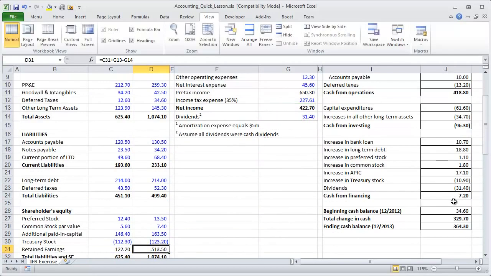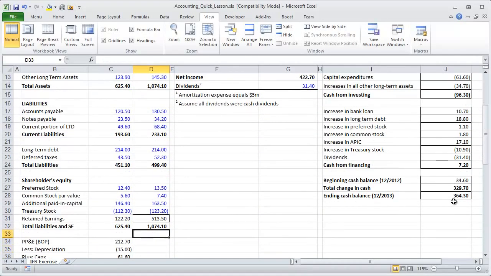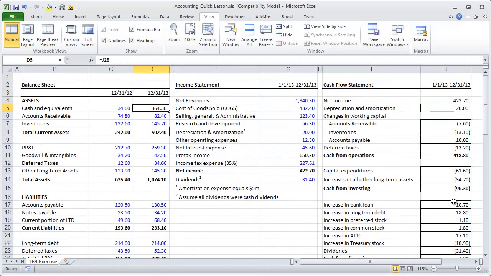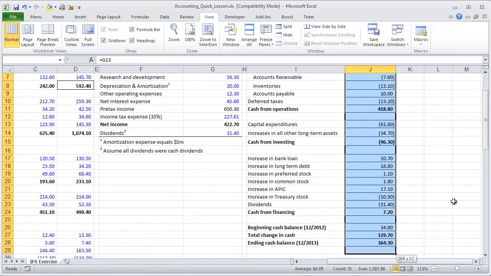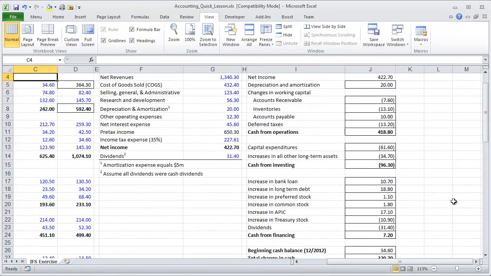Some of you may have noticed, actually, there was a way to cheat here, and that is you could have actually figured this out a long time ago, which would have gotten you the total liabilities and shareholders' equity, which would have enabled you to back into the cash figure here without doing any of this. That would have, of course, shortchanged the purpose of the exercise.